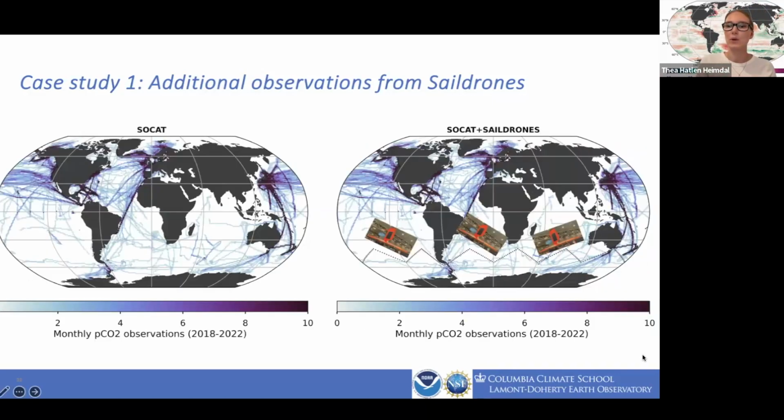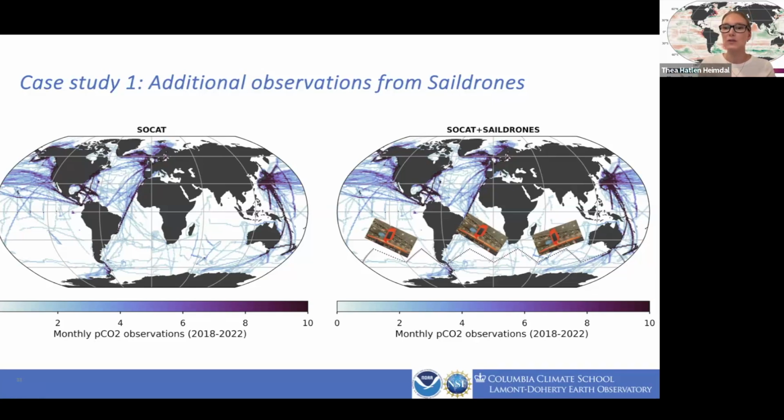So what we did was two machine learning reconstructions. On the left side, you see the monthly observations of pCO2 in a 5-year period from 2018 to 2022 from the SOCAT database only. And on the right-hand side, you see a map of the same SOCAT database, but in addition, we add sail drones in the Southern Ocean in the same time period, 2018 to 2022.